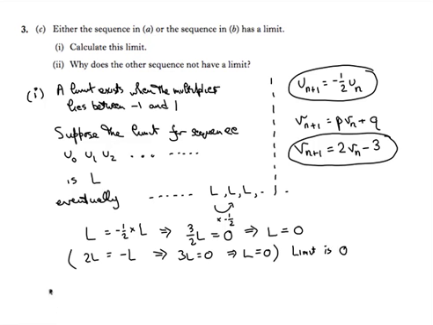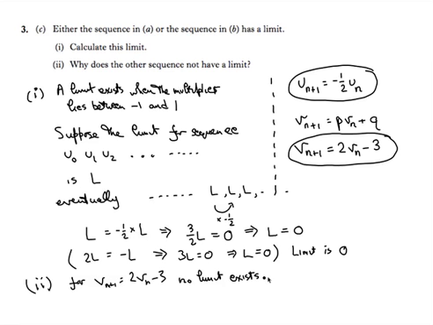Now, the reason that the other sequence doesn't have a limit, that's this one, is that the multiplier is 2. So for Vn plus 1 equals twice Vn minus 3, no limit exists. It's important you state these things.